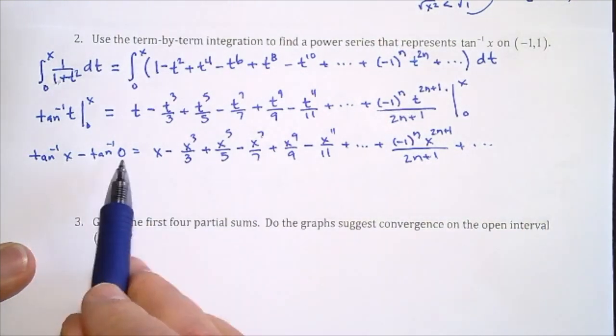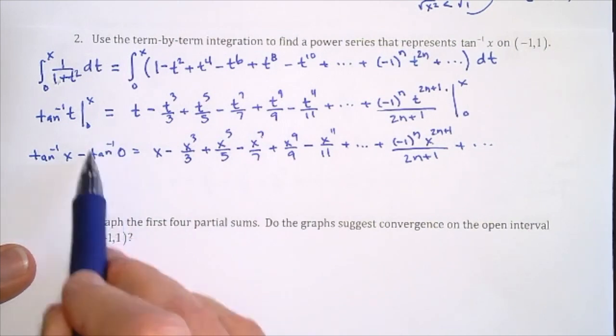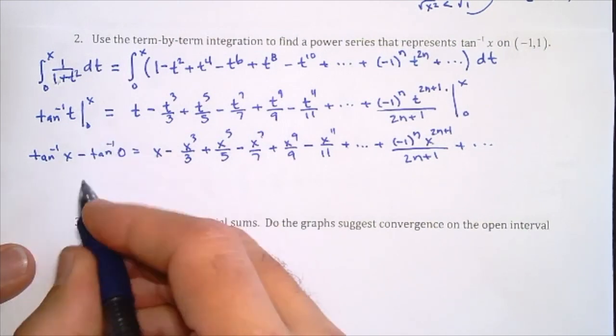Now back over here on the left-hand side, tan inverse of x minus tan inverse of 0. Remember, tan inverse of 0 is the angle whose ratio is 0, and the ratio is 0 only when the angle is 0, so this is just 0.